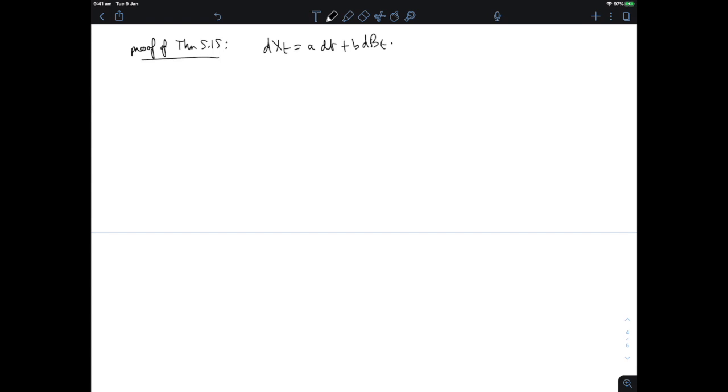So in order to apply the lemma with this extra information, I introduce a sequence of stopping times, tau m, for m in N, defined as the infimum of those t's such that the integral of as ds is not too large, so let's say it gets above m after that stopping time.